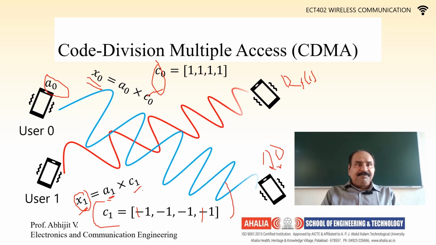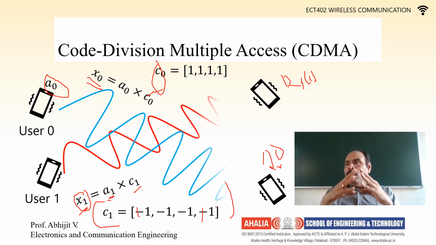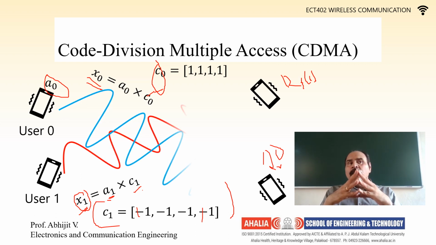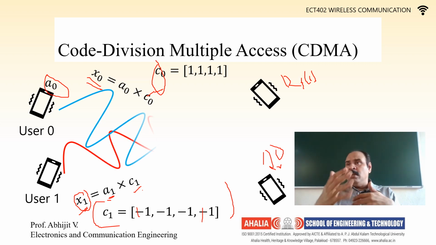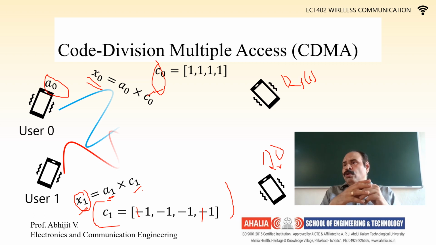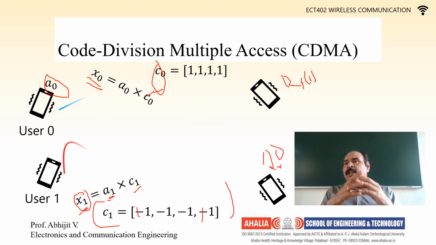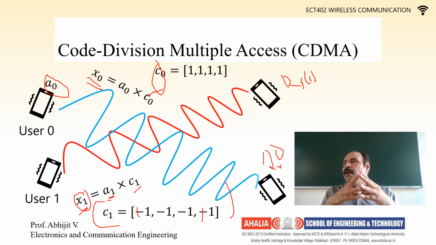I'm explaining to you how code division multiple access is working. This is going to be the basics for your coming few sessions also, so please listen carefully and try to understand. If you have any queries, you can stop me in between and ask me.